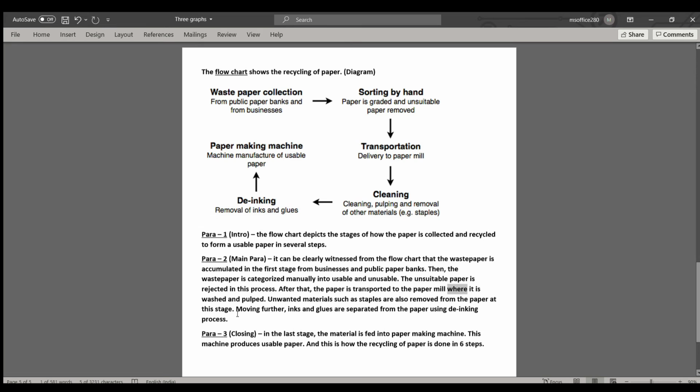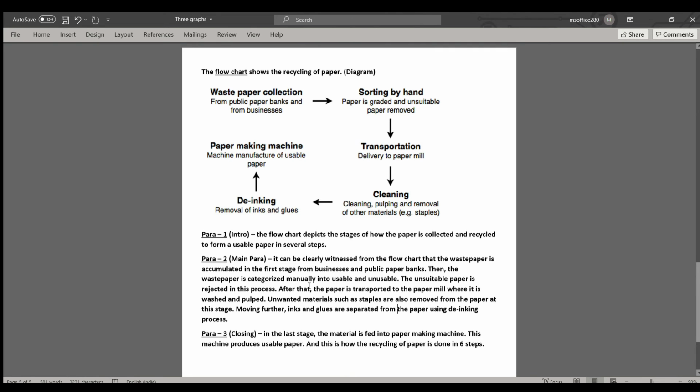Then moving further, again I've used this connector, moving further from this stage to this stage. Moving further, inks and glues are separated. So in place of removal, I have written separated from the paper using de-inking process.